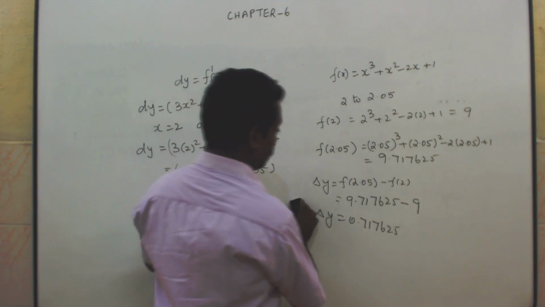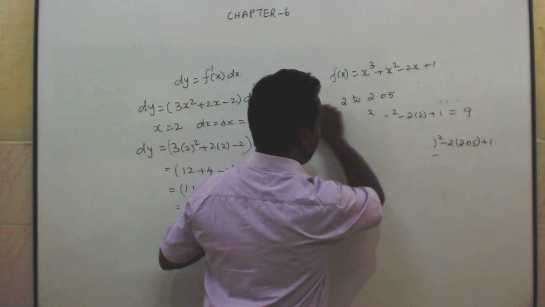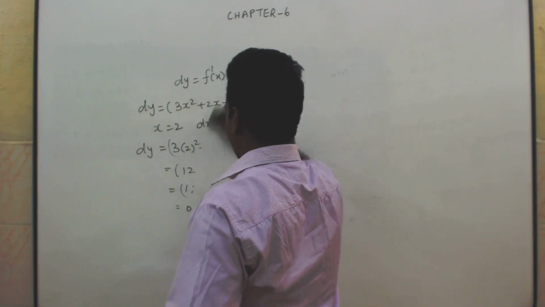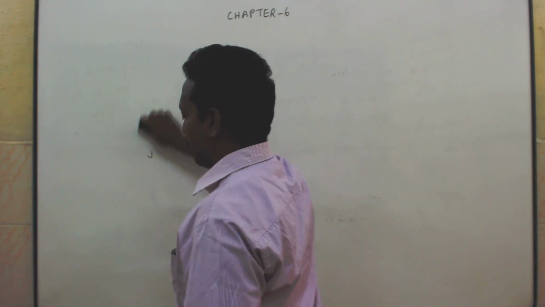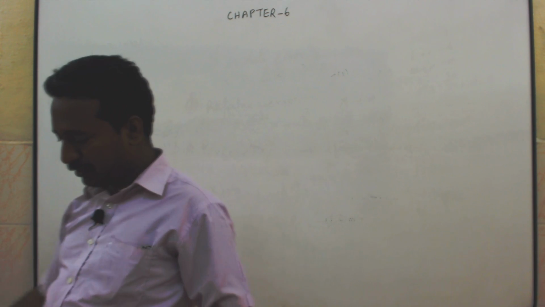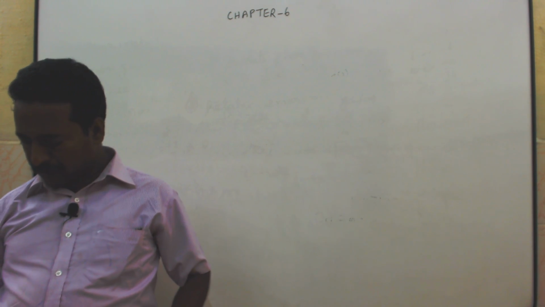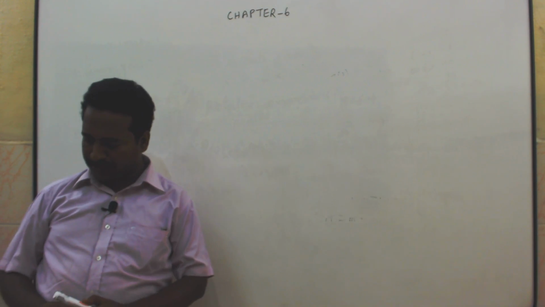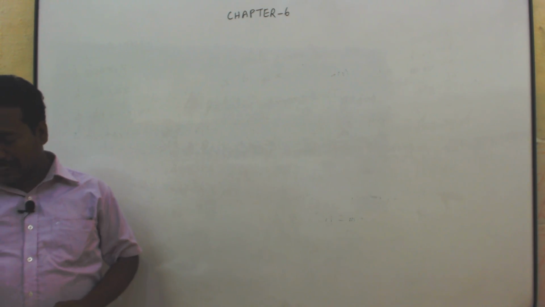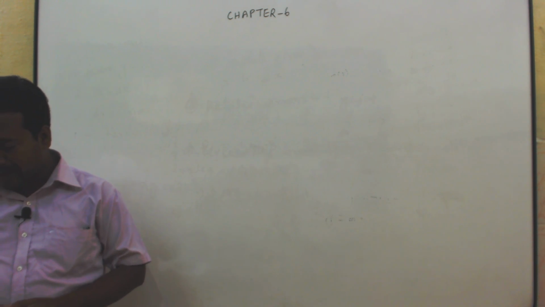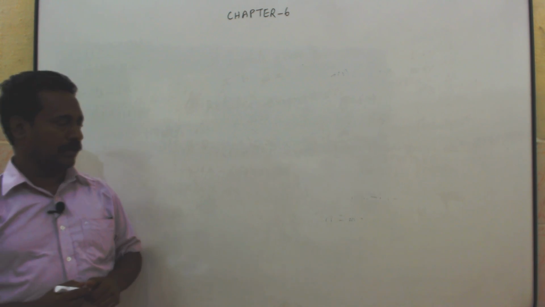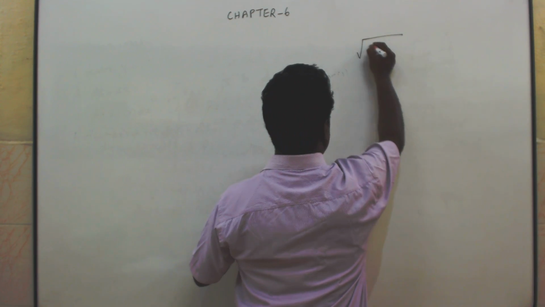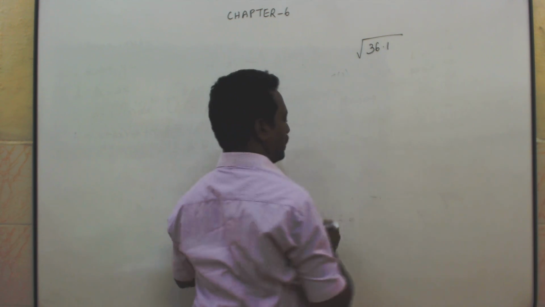The next problem is very, very important from the examination point of view. One problem is a 10 mark question here, the remaining are 6 mark questions. Sum number 3, I will do some of the problems, the remaining you will try. The first one, use the differentials to find the approximate value of the given number: root of 36.1.